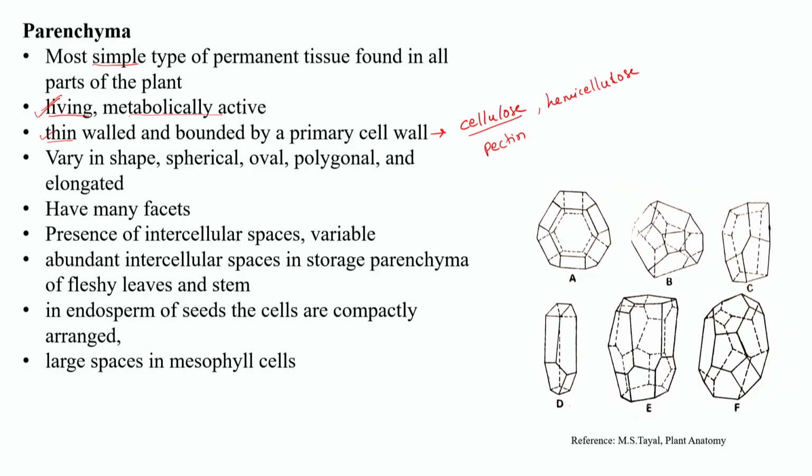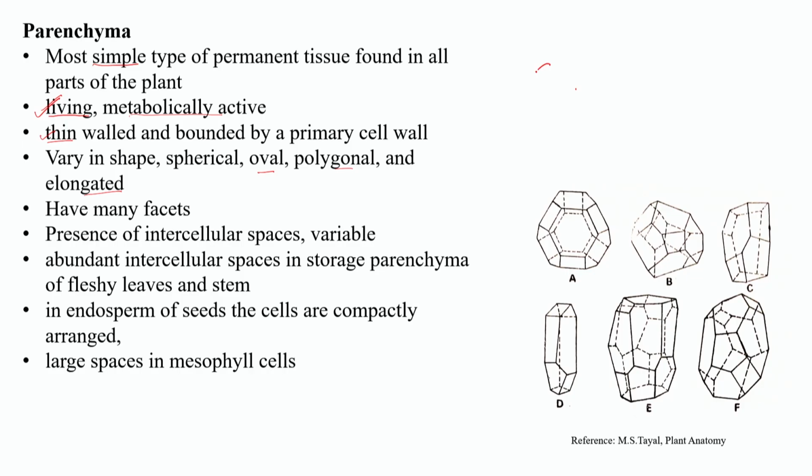Now, the shape of parenchymatous tissue is quite variable. Different shapes are there. Mostly they could be isodiametric, meaning their diameters are almost similar from all sides, having spherical shape, oval shape, then polygonal or elongated also. It has been observed in different plant types.